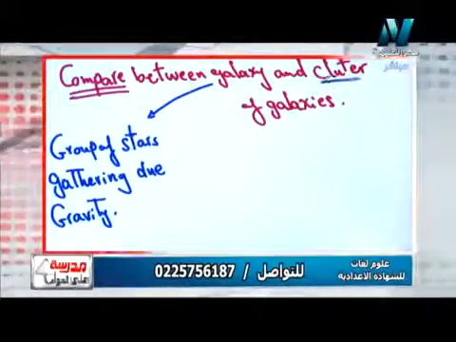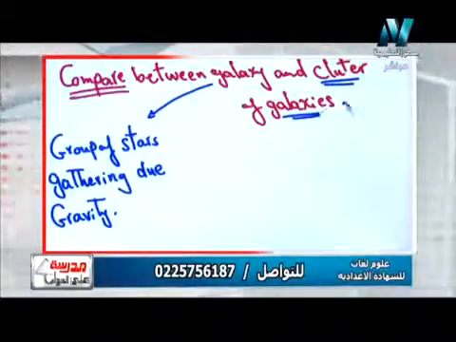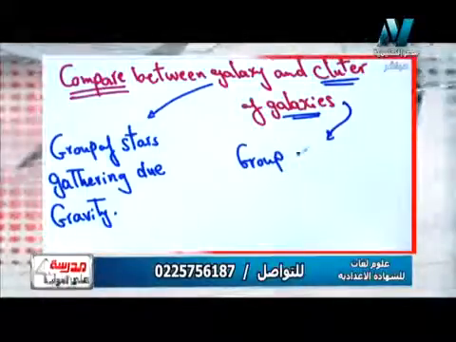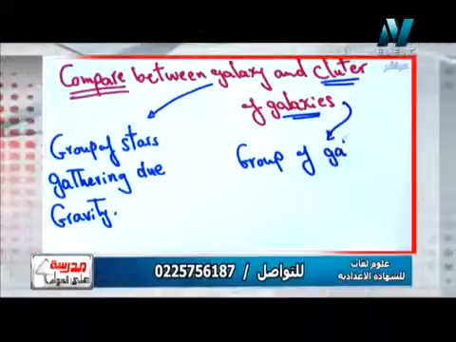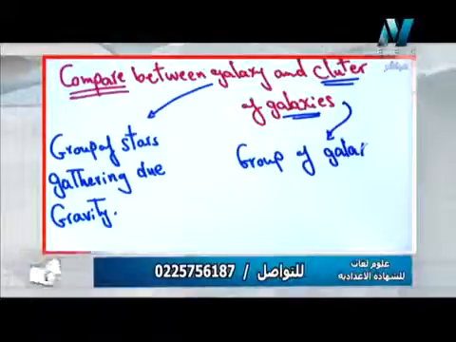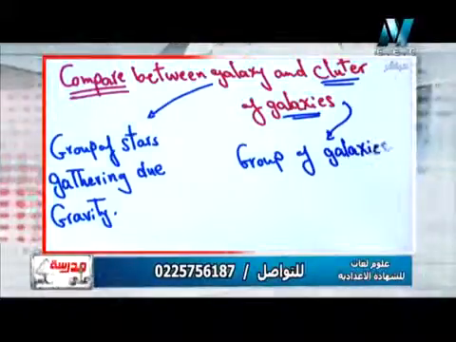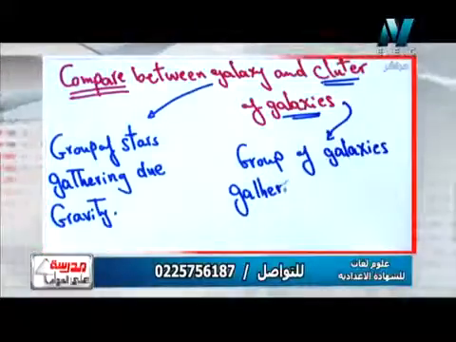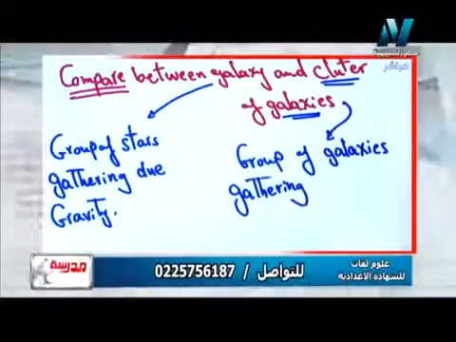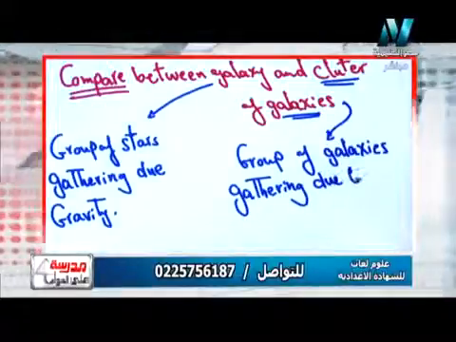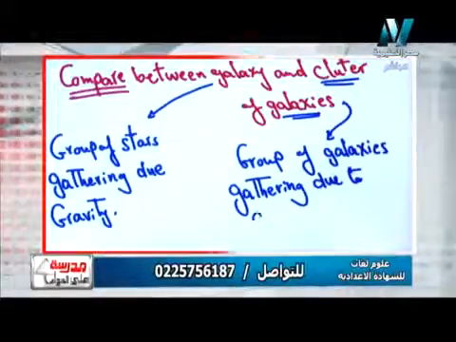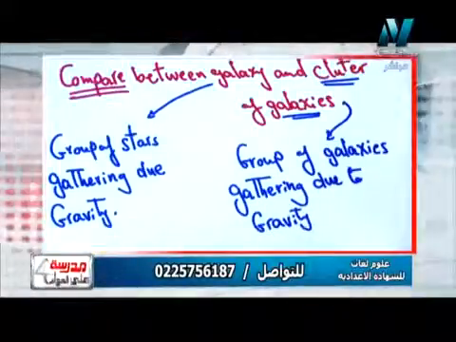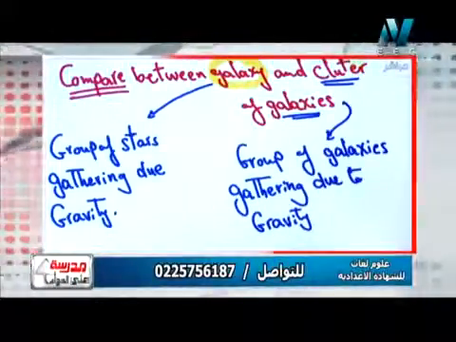While cluster of galaxies are group of what? Group of galaxies. بيقول لي مجموعة galaxies هنا. Gathering due to برضو ايه اتجمعوا بسبب الايه الجرافيتي. يبقى how can we compare here between galaxy and a cluster of galaxies.